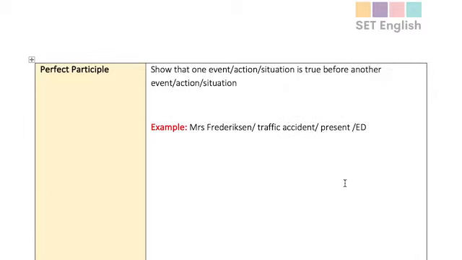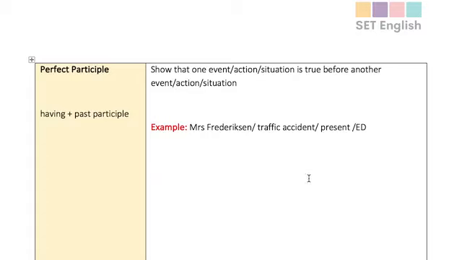Okay, so the way we make it, because it's the perfect participle, think about how we use the perfect. We always put have, don't we, as an auxiliary verb before the past participle. Well, the perfect participle is having plus the past participle. Okay, so having done, having eaten, having left, having gone, having won, having spoken, okay, having flown. All of those are examples of perfect participles.